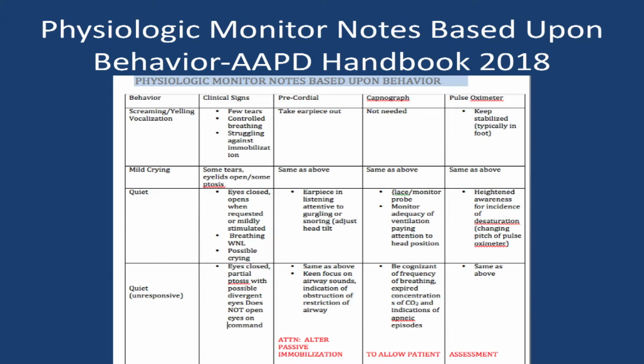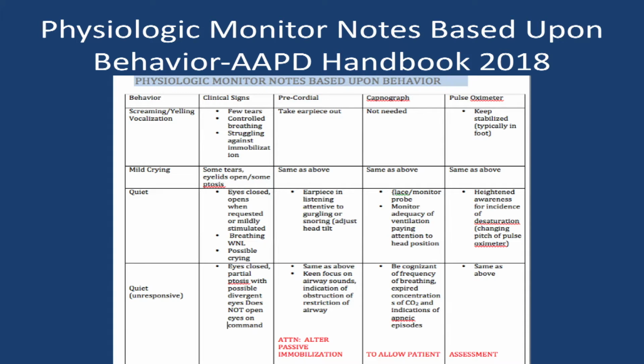Physiologic monitor notes based upon behavior are available in the AAPD Handbook of 2018. We want to know the behavior of the child. Was the child screaming or yelling? Any vocalizations? Was there mild crying? Was the patient quiet? Was the patient quiet and unresponsive?